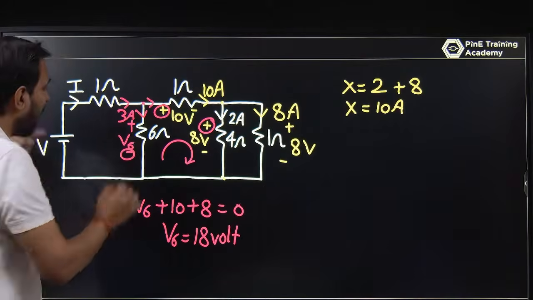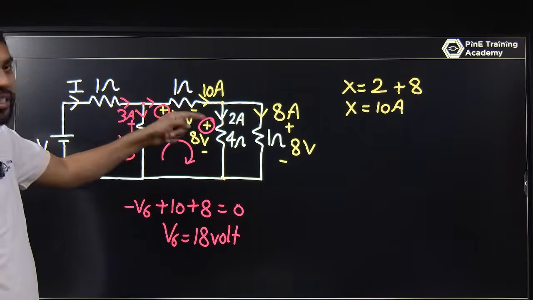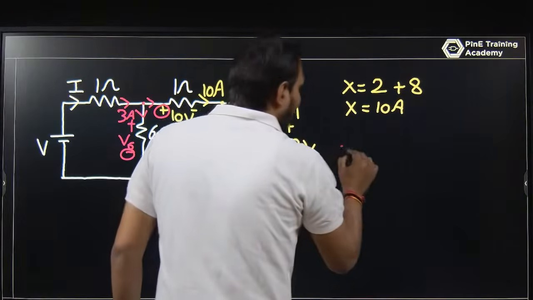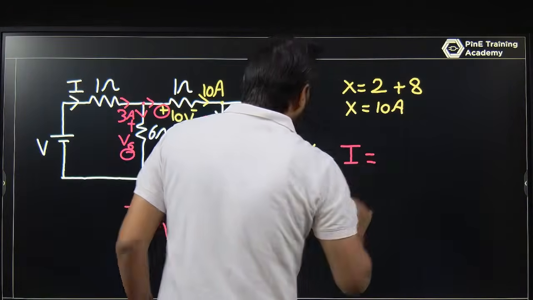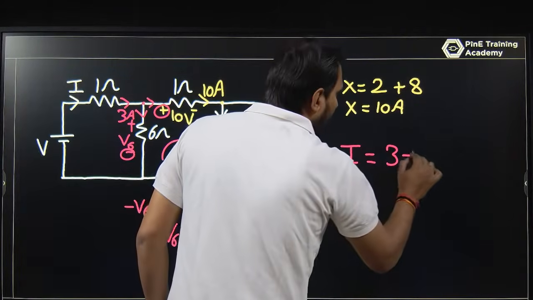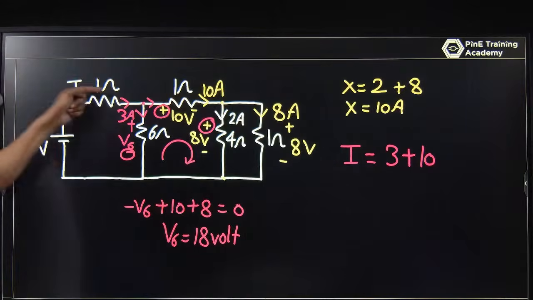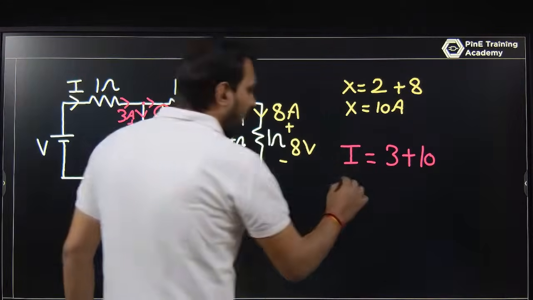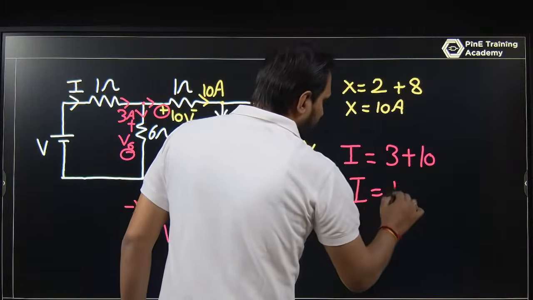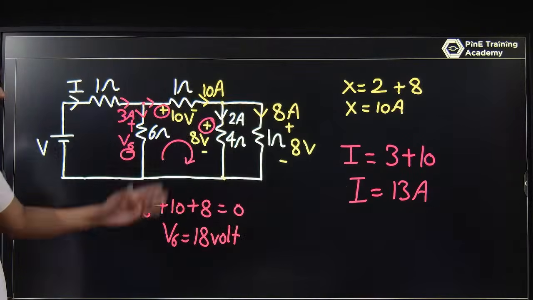At this node, the entering current is I and the leaving currents are 3 ampere and 10 ampere. I am just writing at the node that I is equal to entering current is equal to 3 ampere plus 10 ampere. 3 ampere plus 10 ampere, so I becomes 13 ampere.